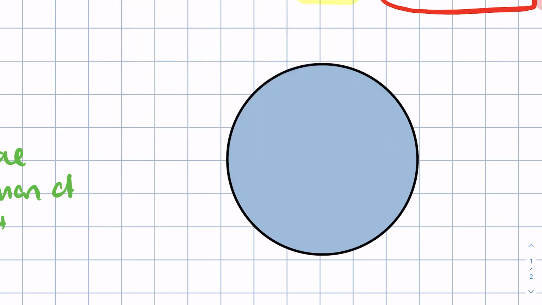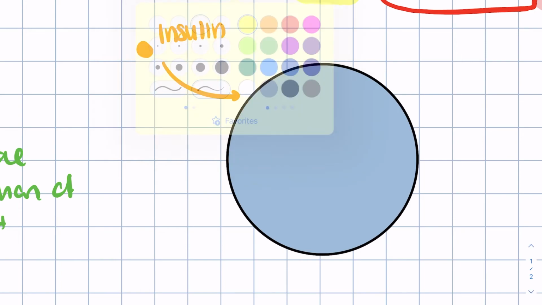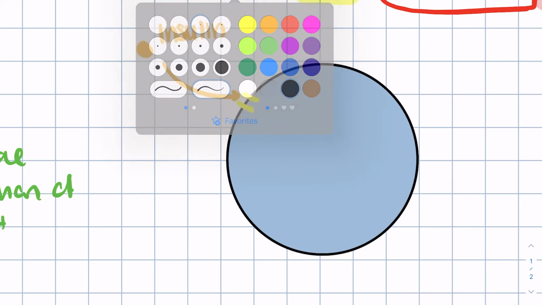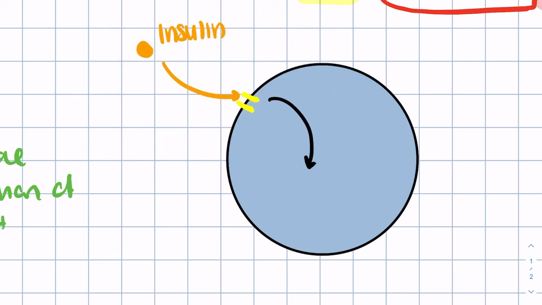We have our insulin molecule here, insulin hormone, which acts on the insulin receptor, which is a tyrosine kinase receptor, and through various biochemical pathways promotes potassium channels to internalize the potassium, so potassium can move into cells.